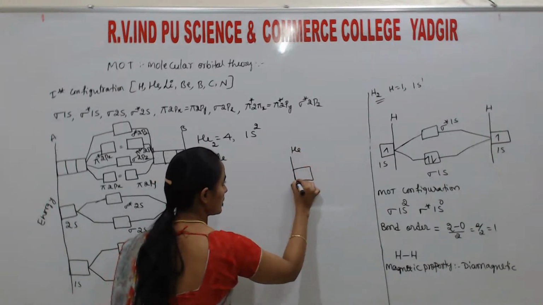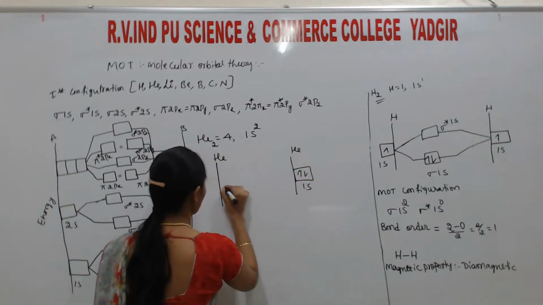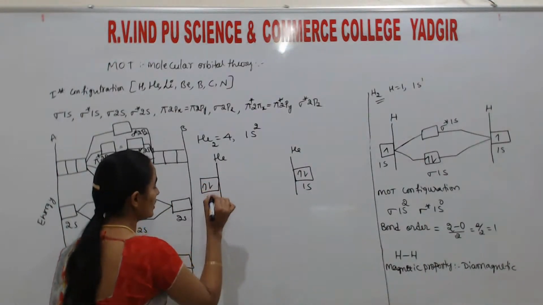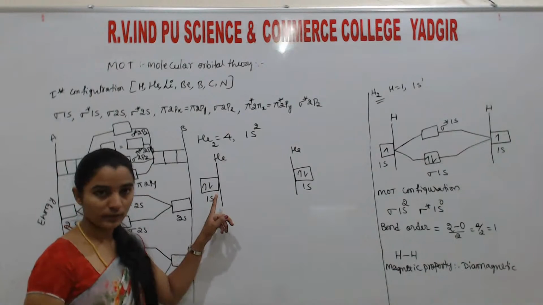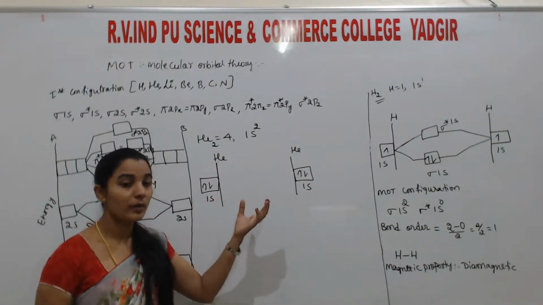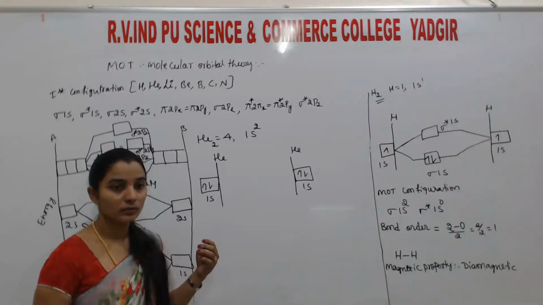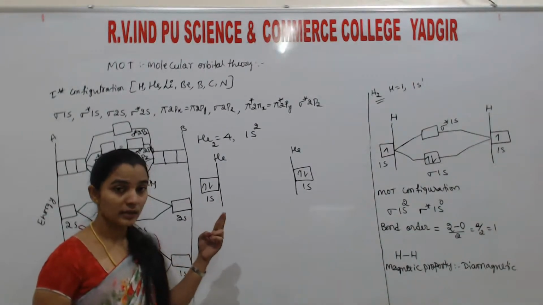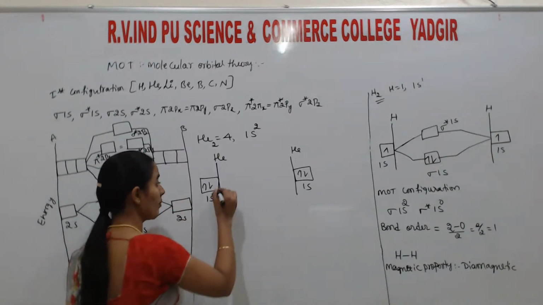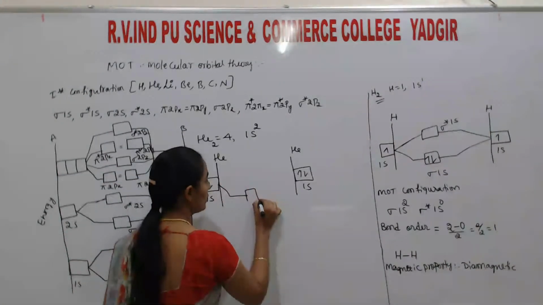Each helium consists of a 1s orbital with 2 electrons. If two 1s atomic orbitals combine, how many molecular orbitals will form? 2. One is bonding, another one is antibonding. Remember that.